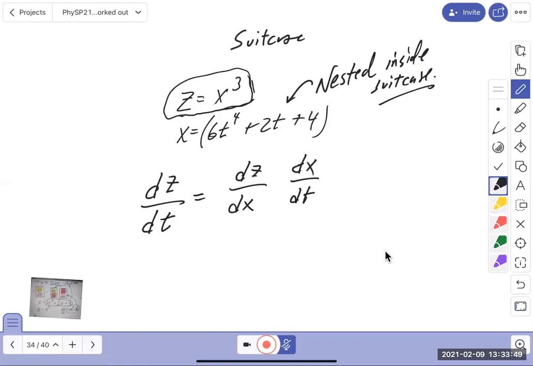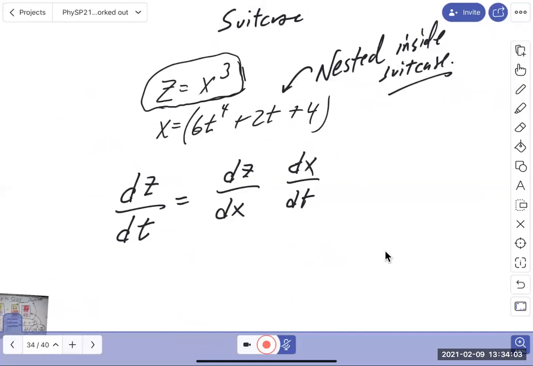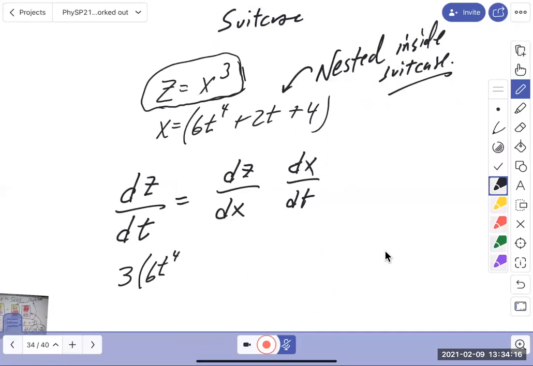So let's say the person gets tired of writing 6t to the fourth plus 2t plus 4, and they just say, I'm going to call that x, because I'm manipulating that guy. If we're going to use the chain rule to find dz/dt, I take dz/dx, which is 3x, where x is 6t to the fourth plus 2t plus 4, and then squared, because I bring the 3 down and take away 1 from the exponent.